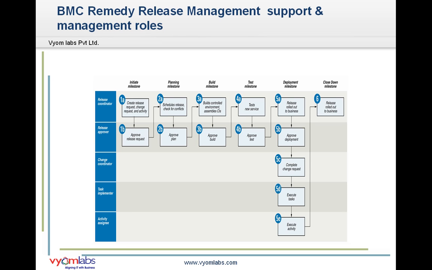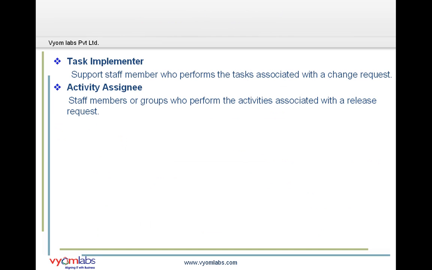Then, as we have discussed, a release can have multiple change requests, and for that we have the role of change manager. Likewise, a change request could have multiple tasks associated with it, and for that we have the role of task implementer. The task implementer is a support staff member who performs the task associated with a change request.